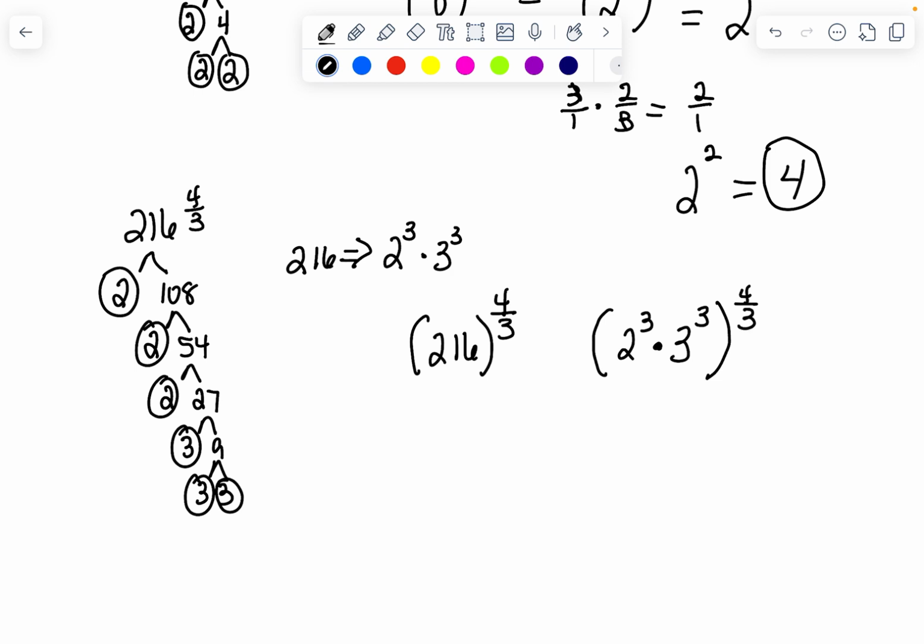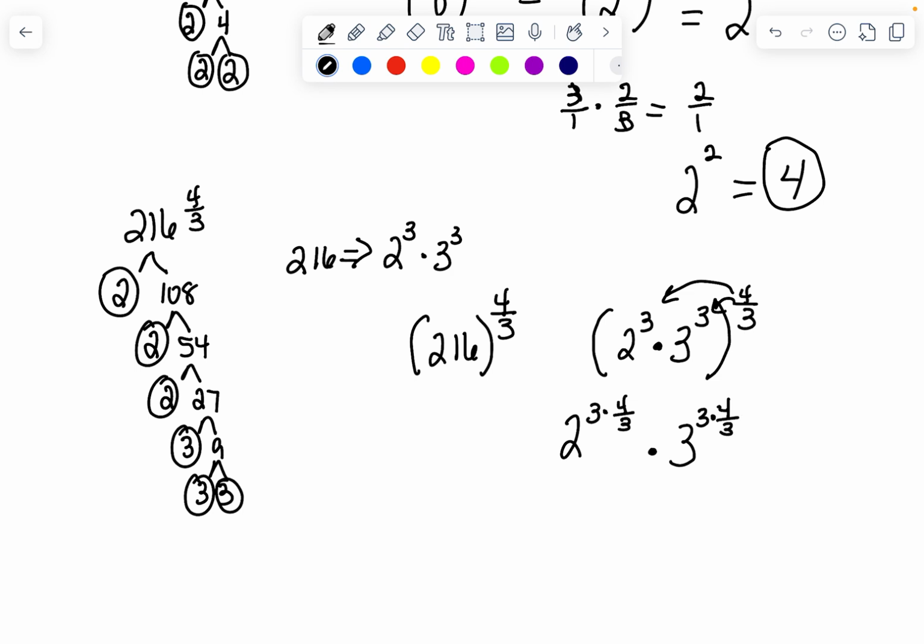Now we know from our power of a product and power of a power properties that if the power is going to be applied to both bases, there need to be parentheses, and I see parentheses here, so we can distribute that power in. So we would have 2 to the 3rd times 4/3 times 3 to the 3rd raised to the 4/3.